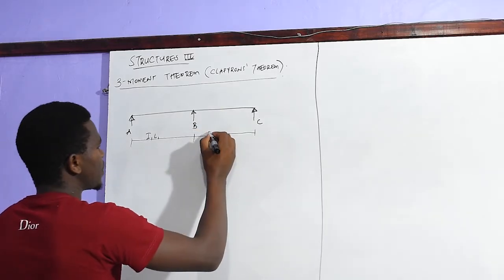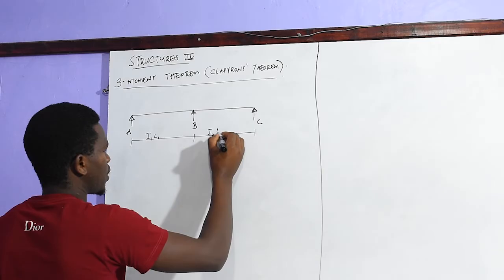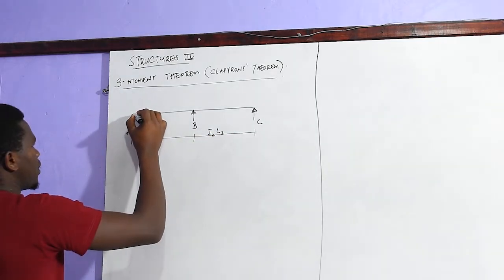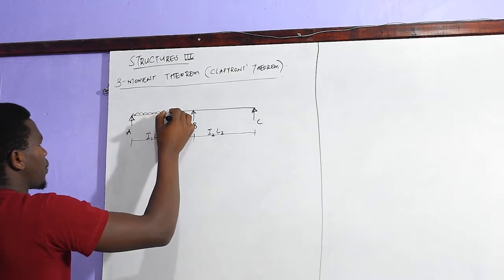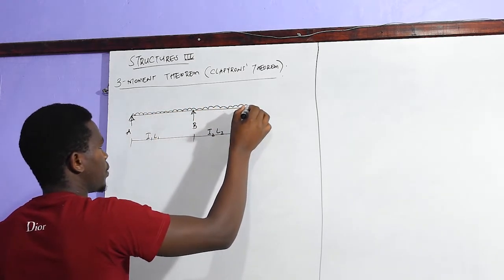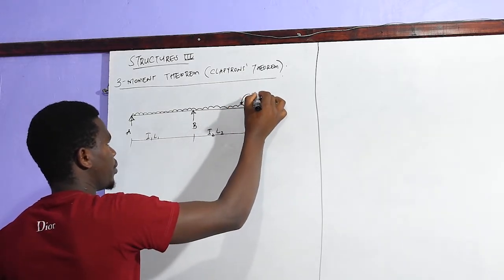Span BC has moment of inertia I2 and length L2. Assume it is carrying a UDL load of 32 kilonewtons per meter.